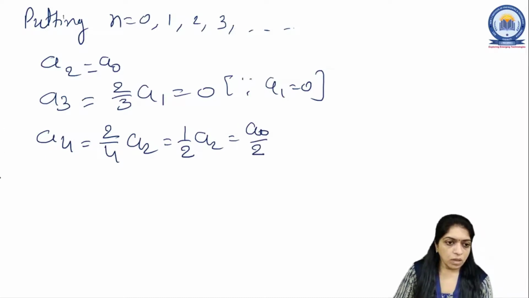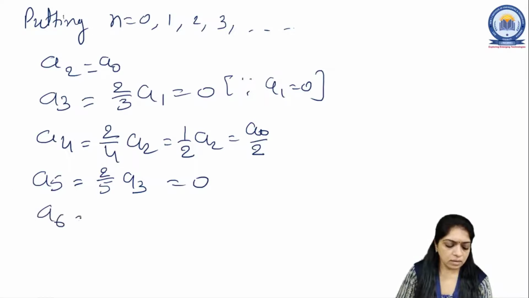Now a5 is 2 by 5 a3, which is 0. a6 is 2 by 6 a4, and a4 is a0 by 2, so both will be cancelled, and here a0 by 6, and so on.